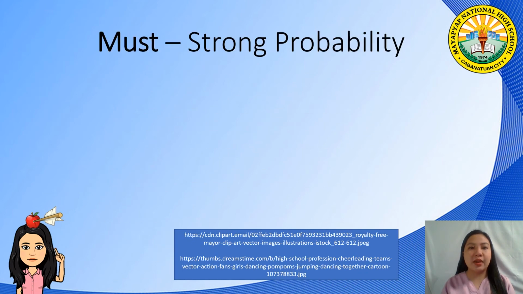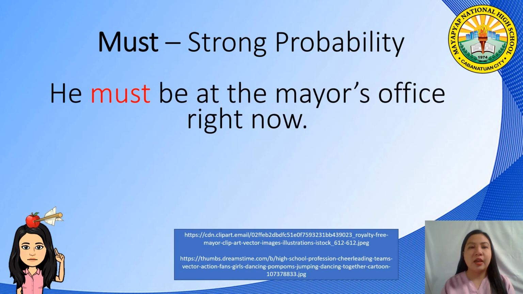The last type is must. If you still remember, I already discussed it a while ago, but in this case, this modal means different. It can also be used in indicating strong probability. When we say strong probability, you are sure of your guess of something. For example, he must be at the mayor's office right now.